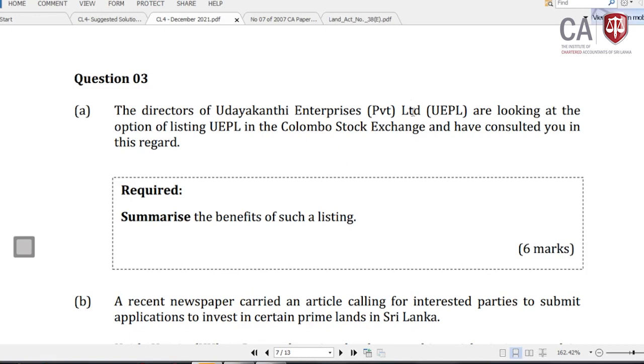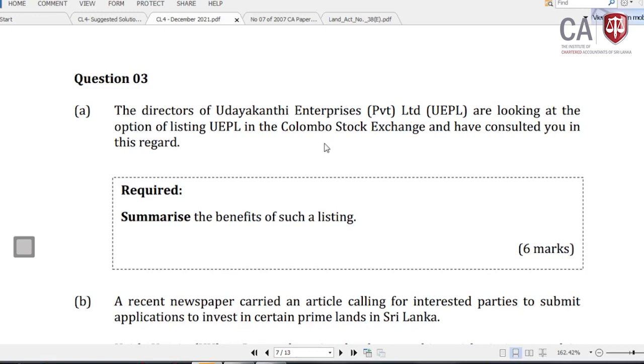Now, according to this question, it is a private limited company. Once it is listed in the Colombo Stock Exchange, it permits the general public to invest in this company. As a result of that, it will no longer be treated as a private limited company. It will be treated as a public limited company, PLC.